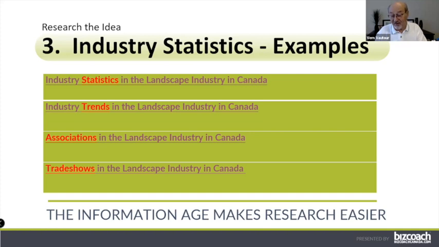So you want industry statistics in the landscaping industry in Canada. How quickly you can get to the research that's out there is incredible. So let me just show you. If I select industry statistics in the landscape industry in Canada in Google, this is what I get.